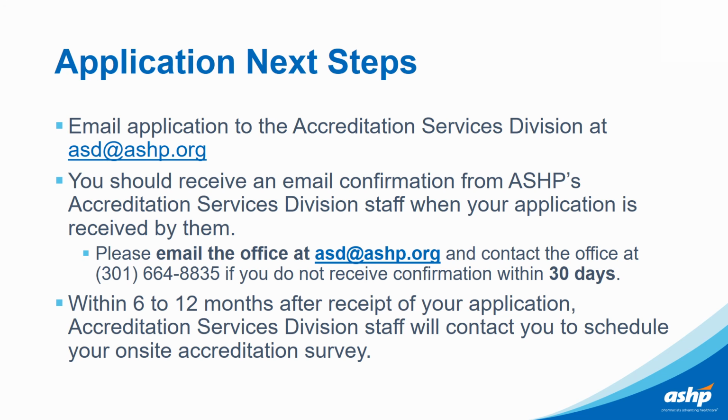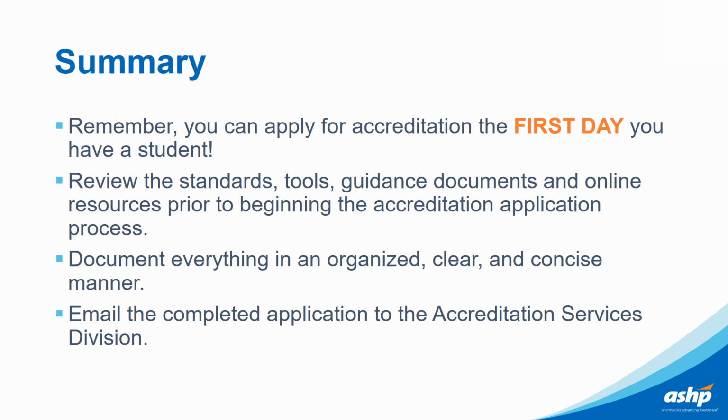If you do not receive confirmation within 30 days, please email asd@ashp.org and call the office at 301-664-8835. Within 6 to 12 months after receipt of your application, the Accreditation Services Division staff will contact you to schedule your on-site accreditation survey.